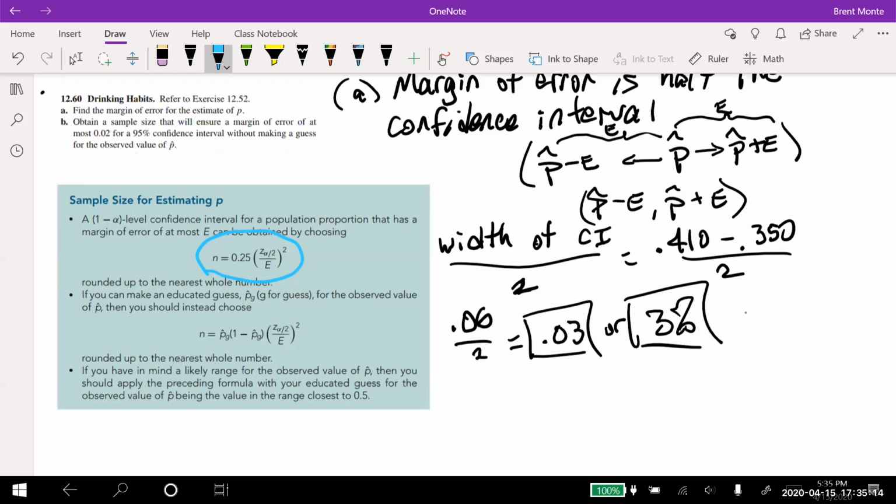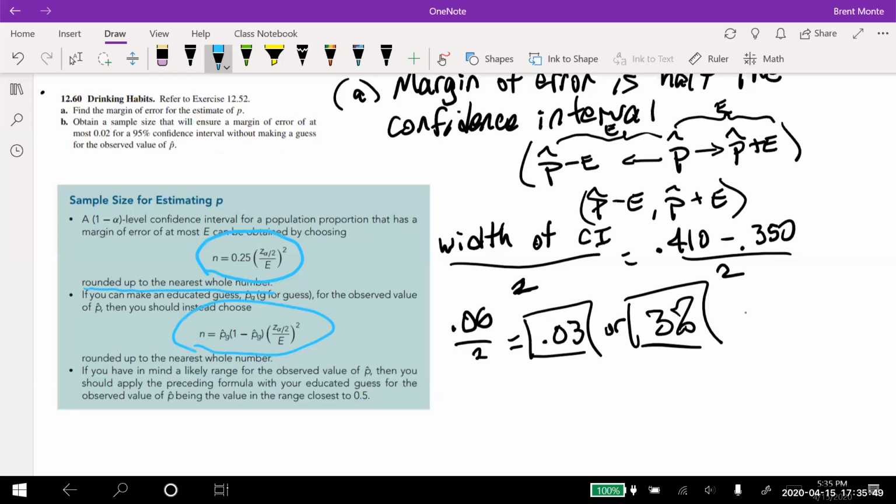And that z of alpha over 2 is the same z of alpha over 2 we did before for sample size. And again, notice it says rounded up to the nearest whole number. So rounded up, not just rounded. So you never round down. These are always round up. It's only when you're finding n, the sample size, that you always round up. Anything else, we always round to the nearest. Okay, now if you can make an educated guess of what the actual value is, then there's another formula, this formula right here.